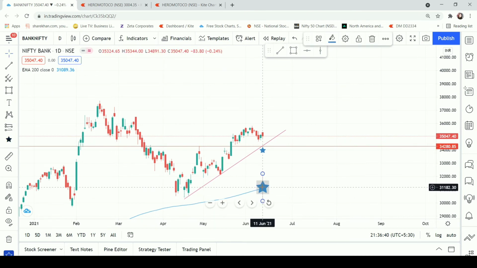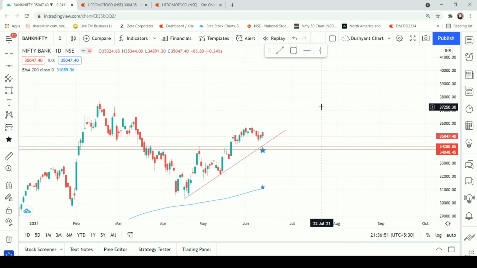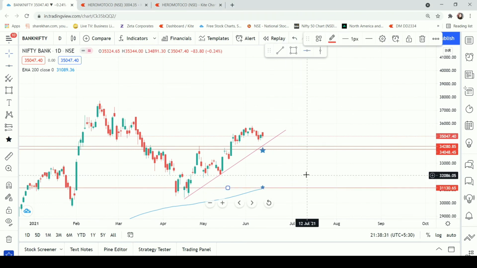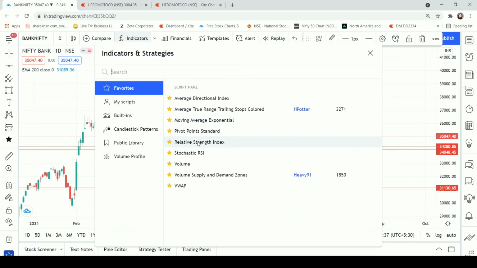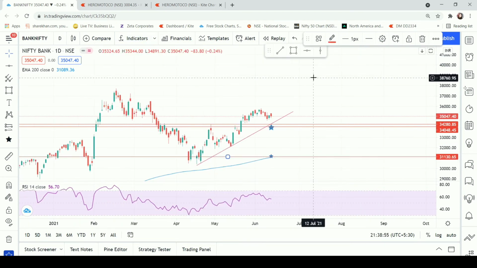So this is the 200 moving average support. Okay. We have plotted the moving averages, and now we will see RSI. No, it's the same.